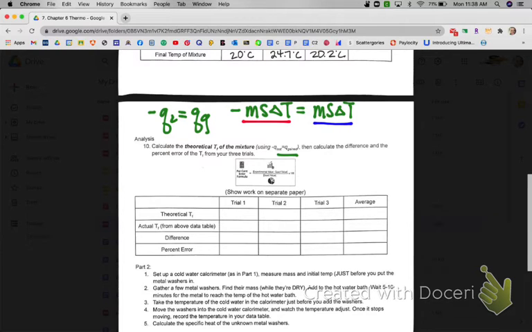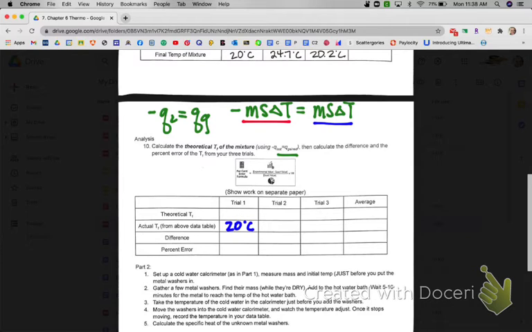And then I'm going to solve for temperature final. If you look at my data here, the final temperature of my mixture for trial 1 was 20 degrees. So that's what I'm aiming for, but I'm going to see what my data tells me and see how close I really was.